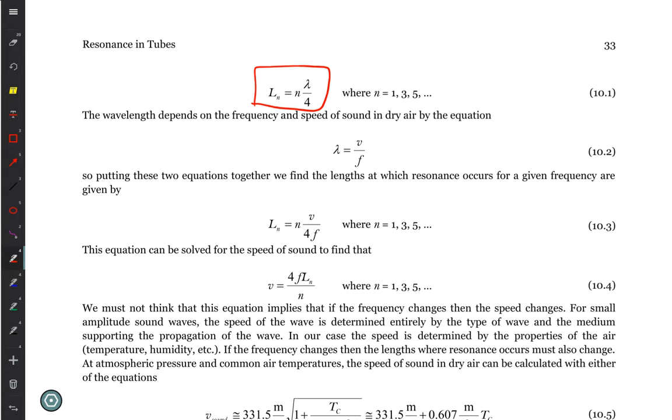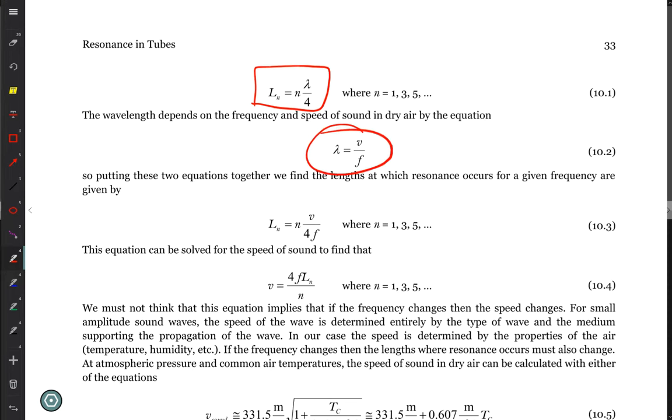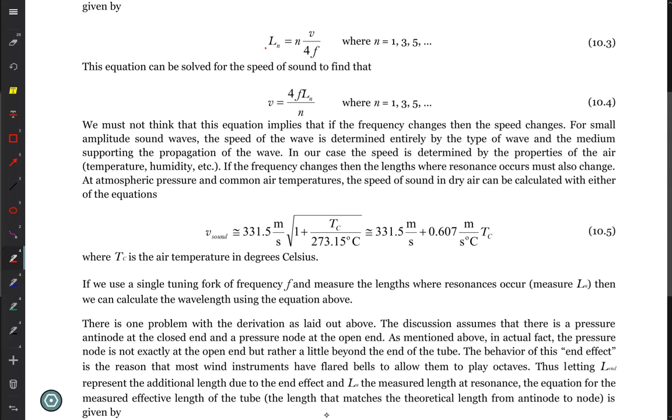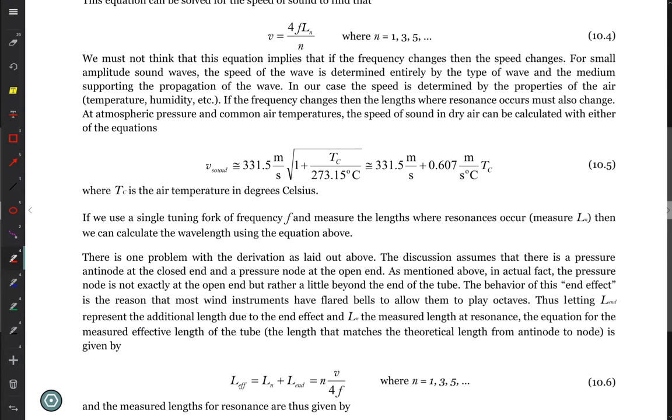So you record all of them you can using the same equation that we just used a minute ago to relate wavelength, speed, and frequency. We can put the lengths in terms of the frequency and the speed, or we could solve for the speed of sound. The speed of sound in air depends on the temperature of the air.